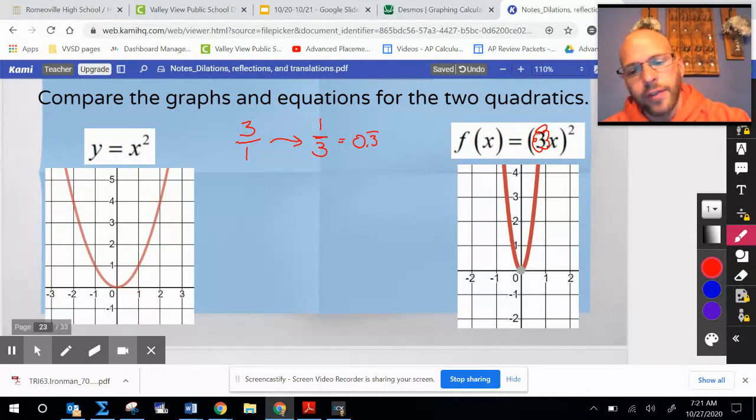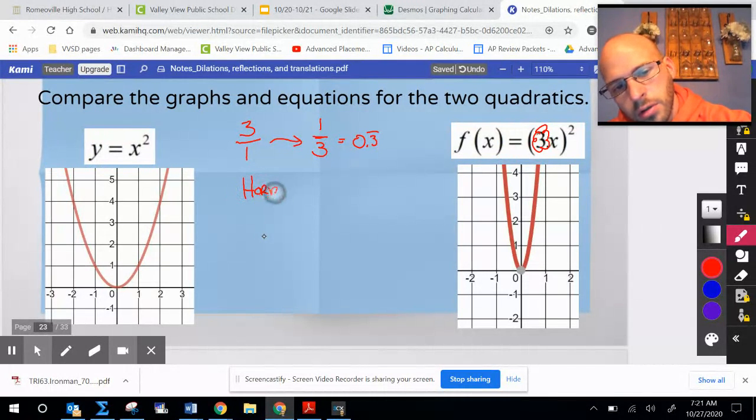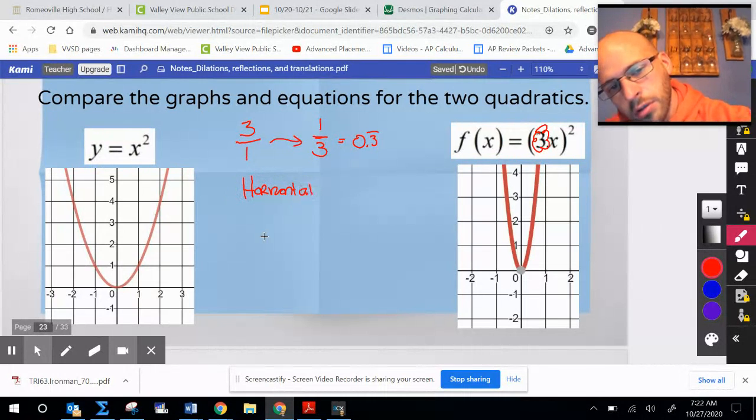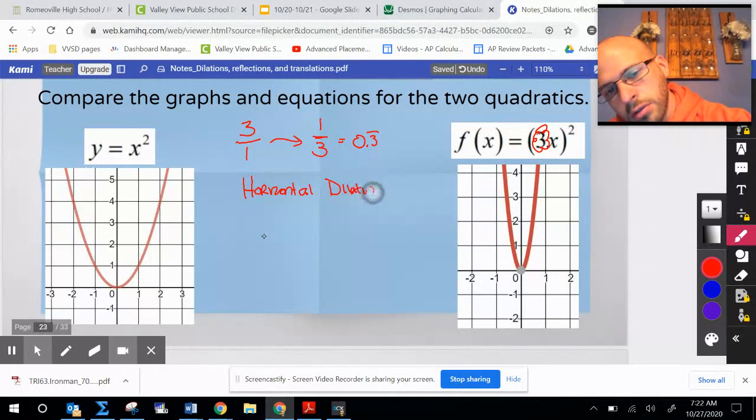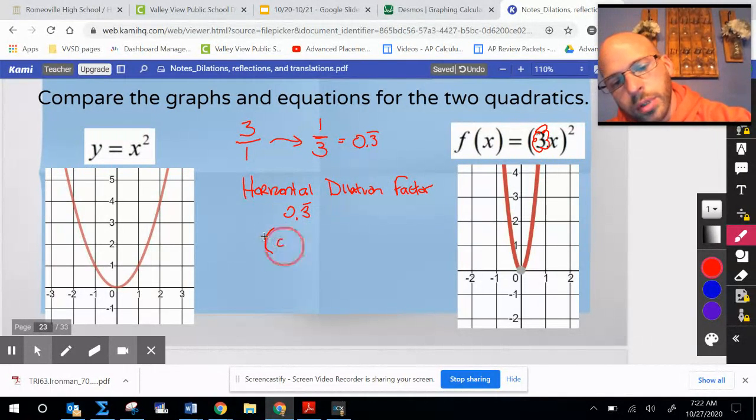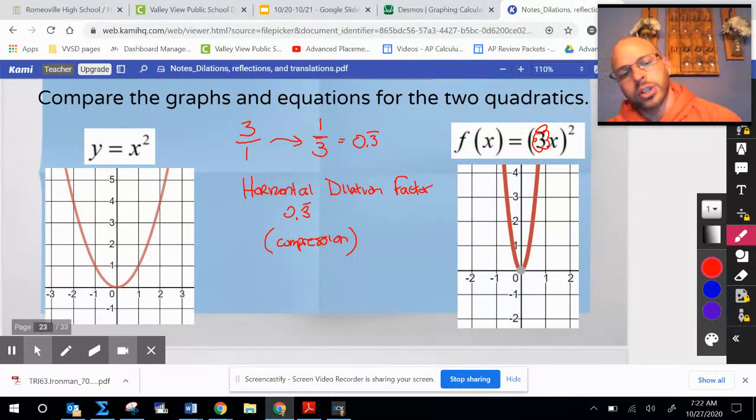So this graph has a horizontal dilation factor of 0.3 repeating, which, because that's smaller than 1, is a compression.